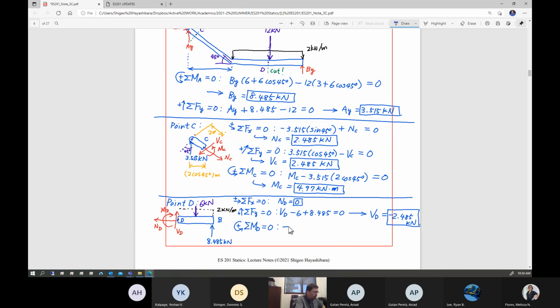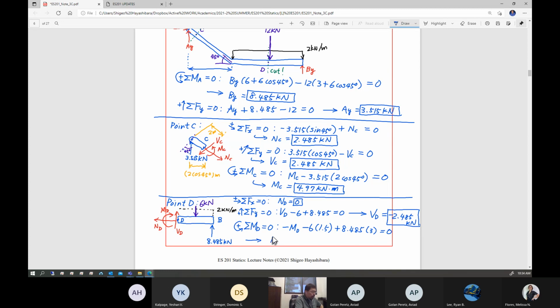Okay, negative MD minus 6 times 1.5 meter, plus 8.485 times 3 meters, set equal to 0.